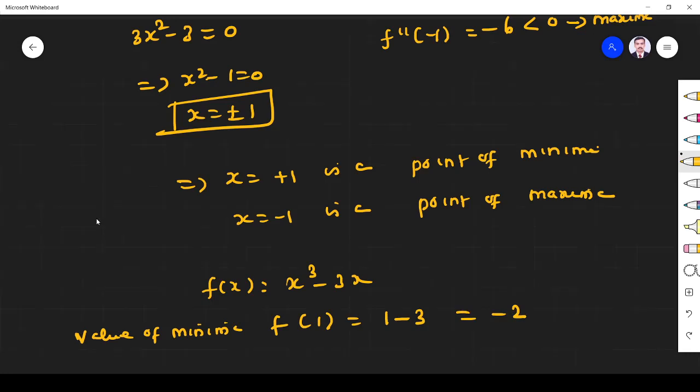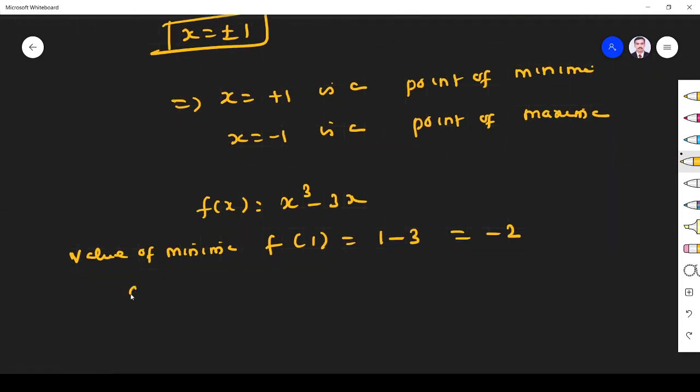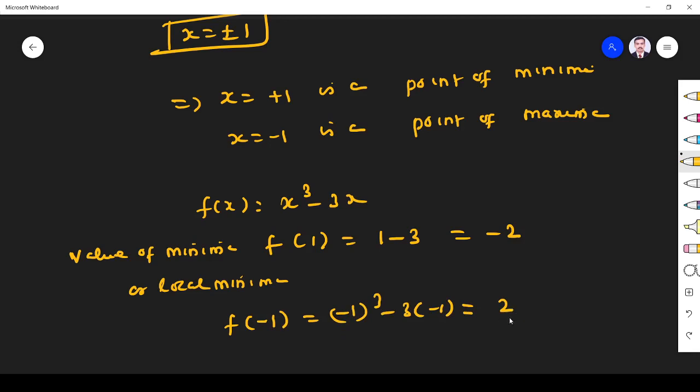Right? It is the value of the local minima. Similarly, x is equal to minus 1 gives maxima. So minus 1 cube minus 3 into minus 1 is equal to 2. So it is a local maxima.